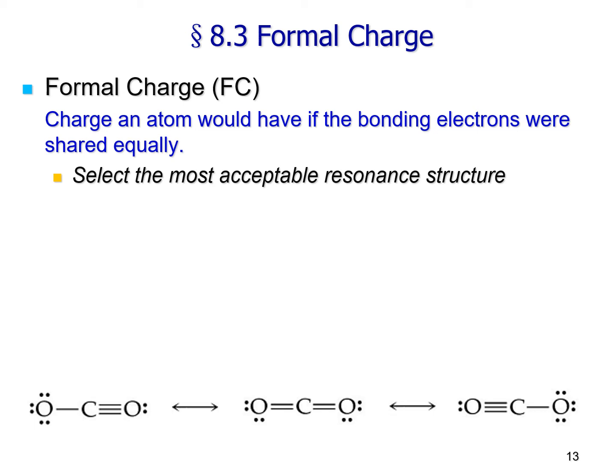It could be many other names, most favored, and so on and so forth. The concept that can help us to pick the resonance structure as the most favored is formal charge, Fc. It is the charge an atom would have if the bonding electrons were shared equally.